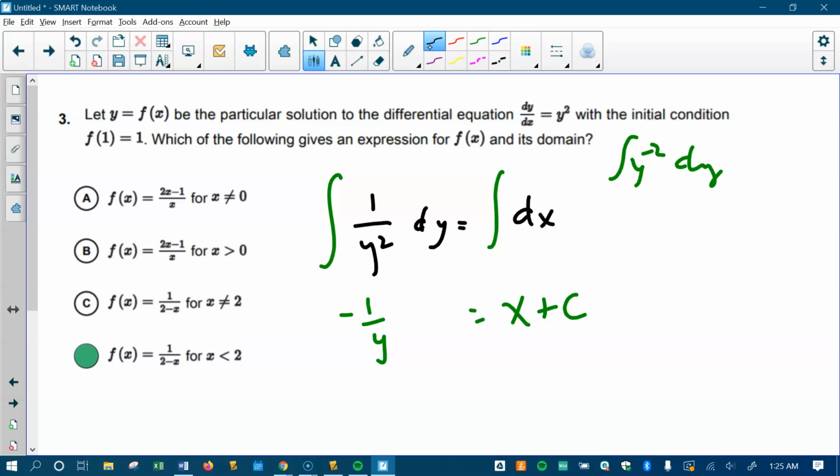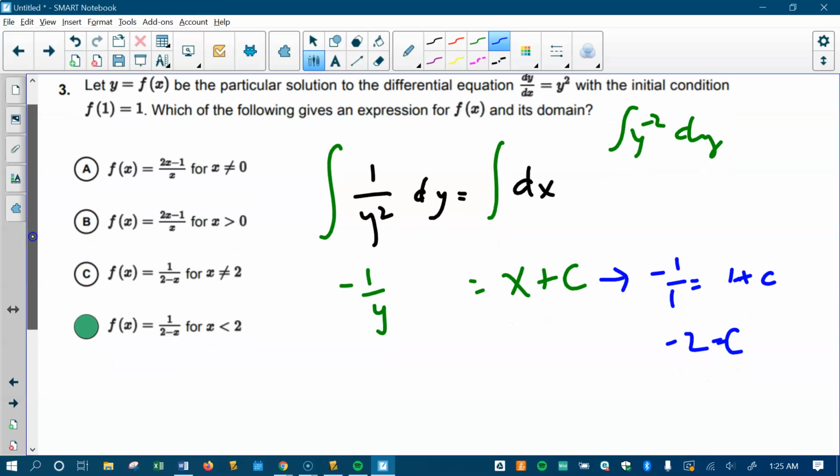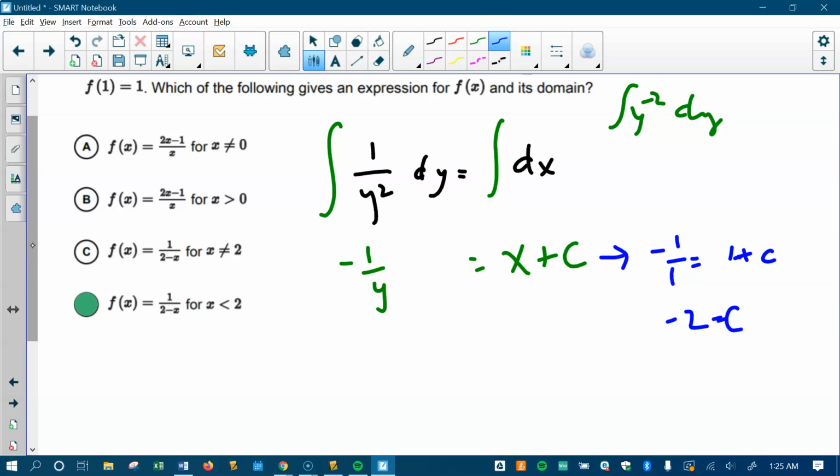Let's solve, because we could plug in the initial condition at any time. So let's do negative 1 over 1 equals 1 plus c. This looks like c is going to be equal to negative 2. So now let's rewrite our equation. So now we have negative 1 over y equals x minus 2.